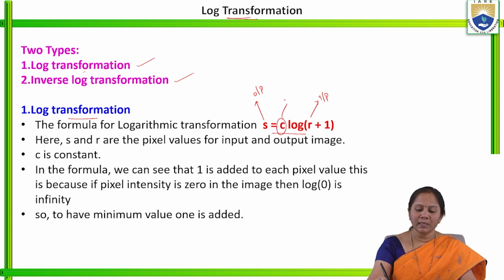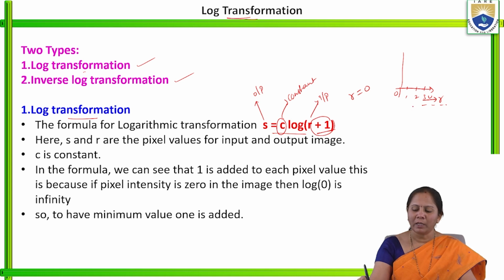Here C is a constant. If we observe, we have added the value 1, and there is a reason why. R will be on the x-axis, and the values of R will start from 0, 1, 2, 3, 4, and so on.